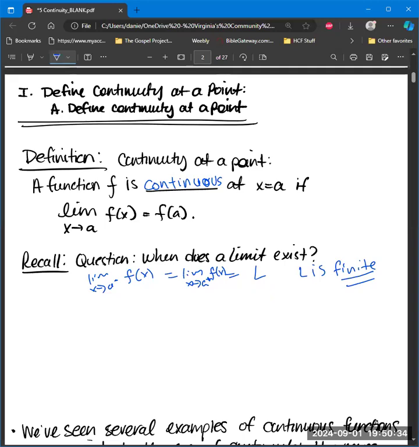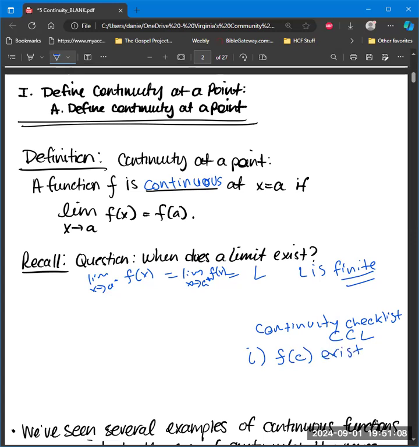So our checklist for continuity. Continuity checklist, which I'll abbreviate CCL, moving forward is going to have little Roman numeral 1, f of, and I'm going to use C's instead of A's because your book uses C's.